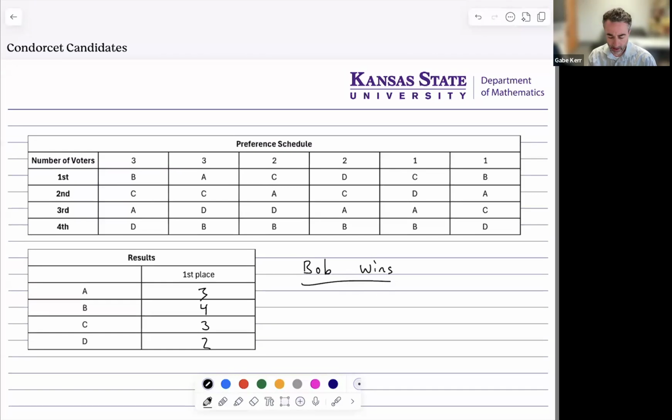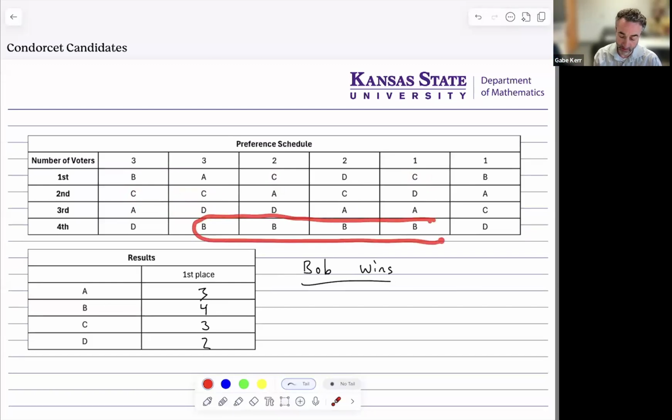Cameron had a lot of second place votes, a few first place votes, and maybe 1 third place vote. Cameron had quite a few good showings, whereas Bob won the most first place votes but also won the most fourth place votes. So Bob was a controversial winner, let's say.